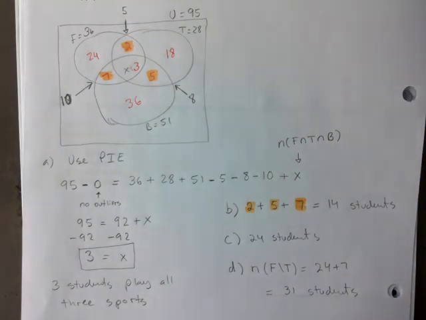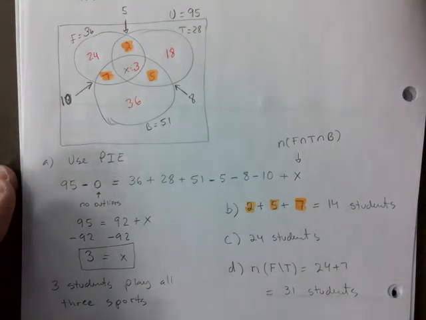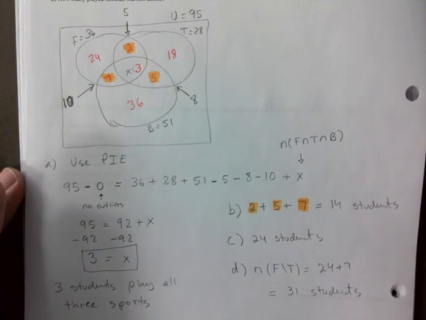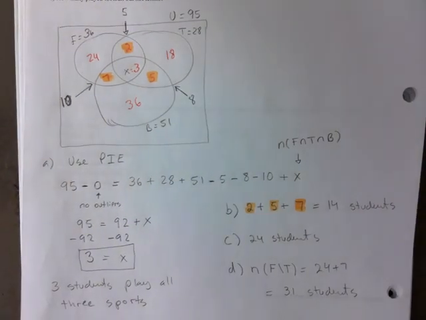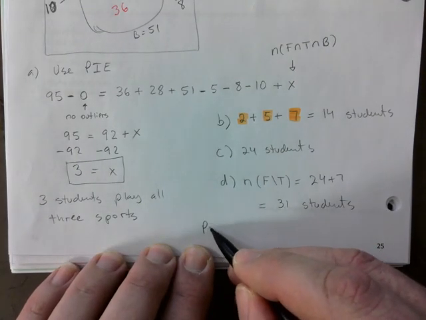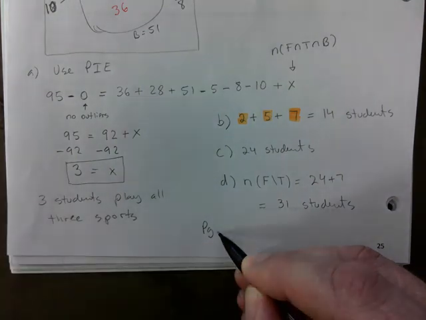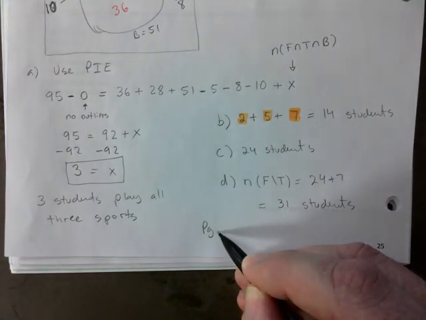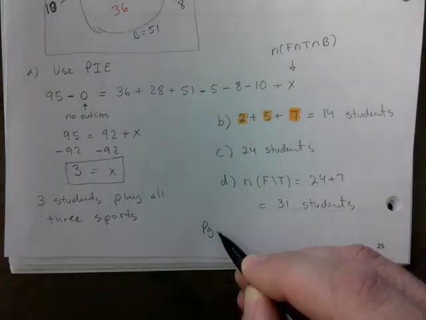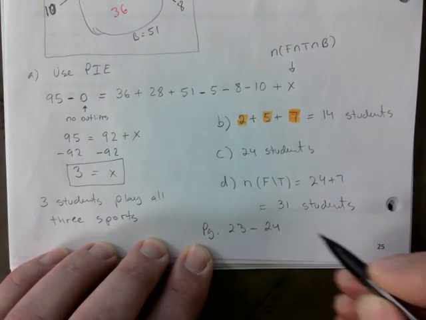I'm going to assign some questions for you to try. So, where should I write the homework down? I'm going to write it down at the bottom of this page here. So I'm going to say pages. For the type 1, we go from 23 to 24. Type 1.